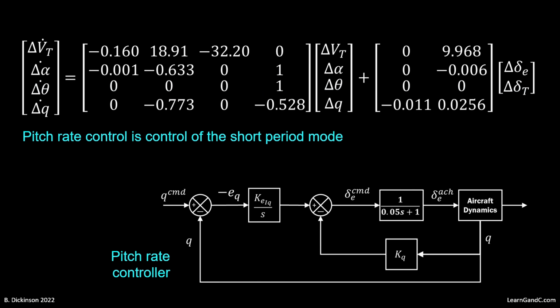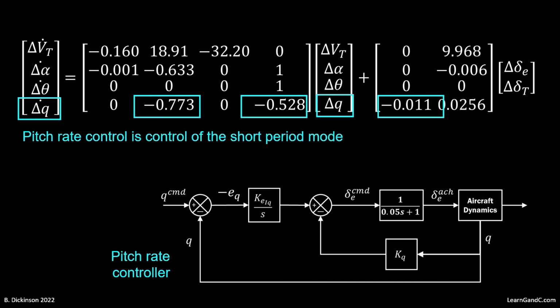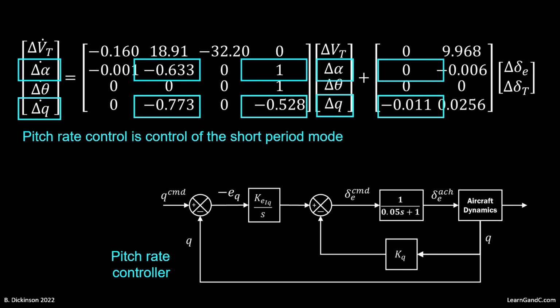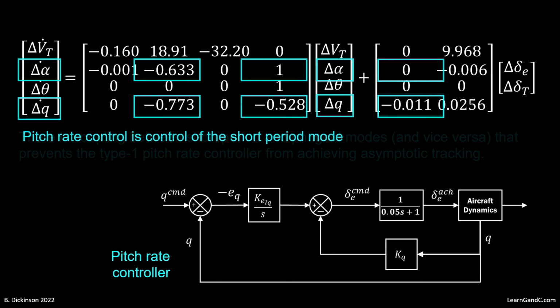Now looking back at the open loop dynamics, we can see that the elevator input directly excites the pitch rate, a state associated with the short period. The pitch rate also affects the angle of attack, the other state associated with the short period. So what we have highlighted is simply the short period dynamics, which could be extracted and independently analyzed.